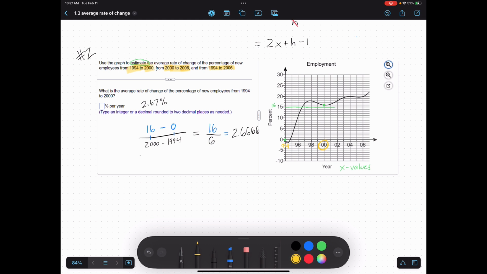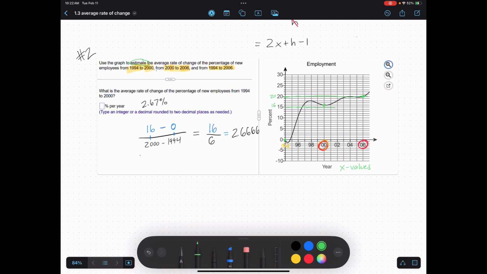The next interval, you're going from 2000 to 2006. I already have the y value for 2000. I'm going to use the same exact y value as 16. I just now need a y value for 2006. And once again, don't stress too much about it. Just find the closest grid line that it intersects, and then follow that back. Looks like that's about, yeah, it looks like that's 20. Perfect.